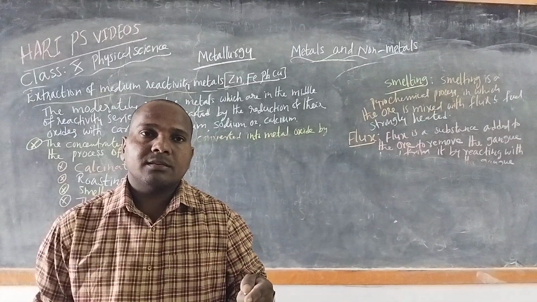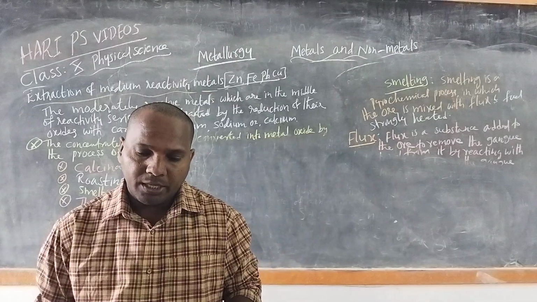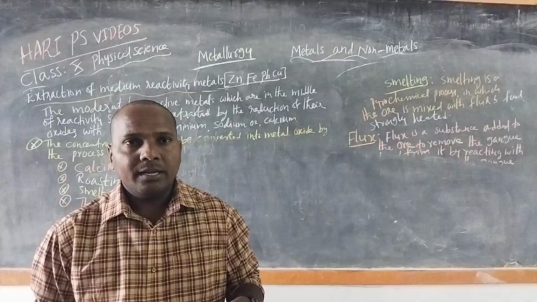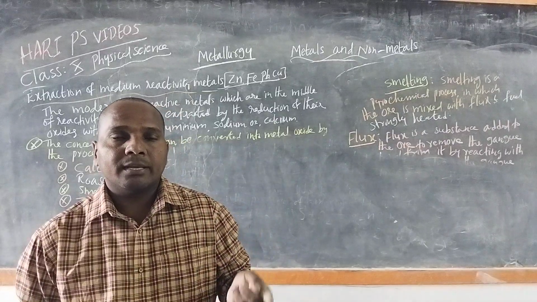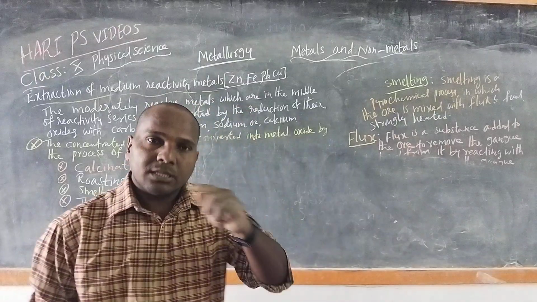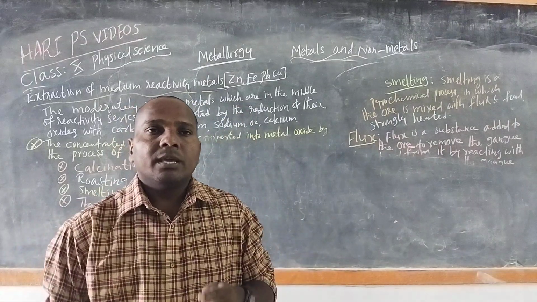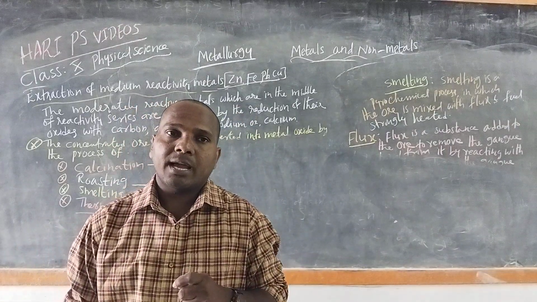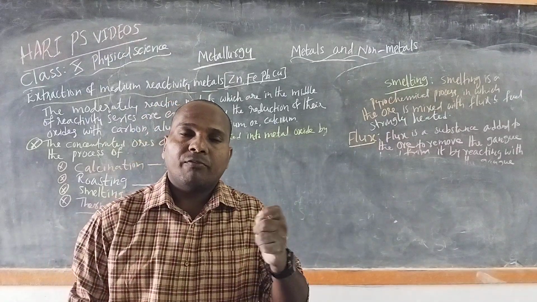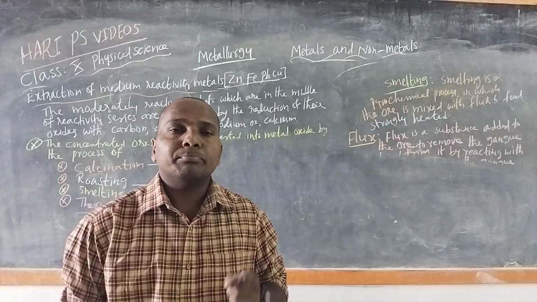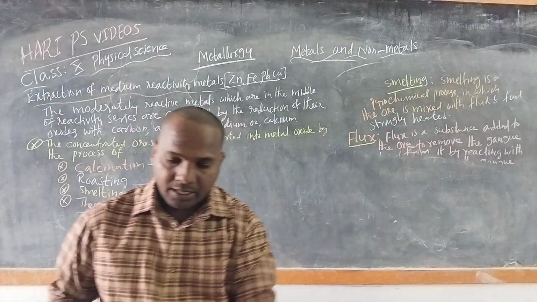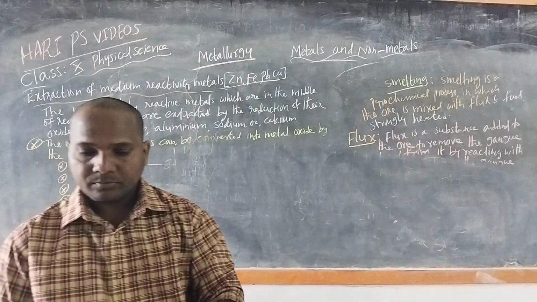This flux combines with impurity and is removed as slag. Then the iron is formed in a molten state, as a liquid. So the smelting reaction is carried out in an especially constructed furnace we can call a blast furnace.